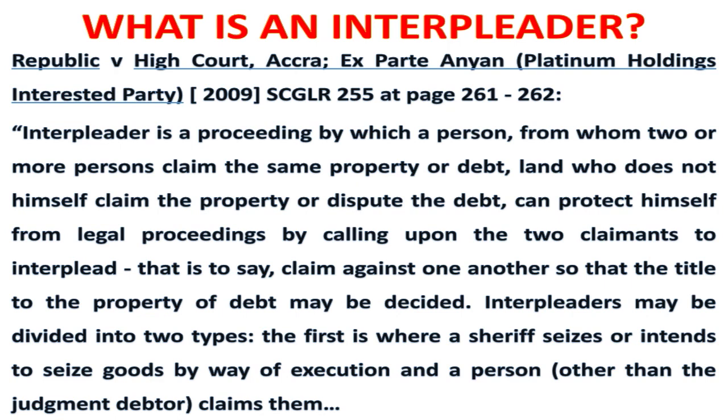So all that the registrar will do is commence interpleader proceedings, so that the people making rival claims to the property will come and prove their title. If the court adjudges that it belongs to the judgment debtor, then the registrar will go ahead and sell it. If the one laying claim is able to prove it, then the court will hand over the property to that particular person and withdraw from the execution.